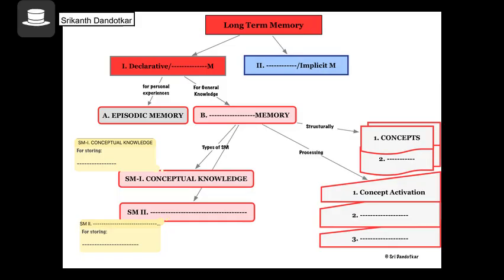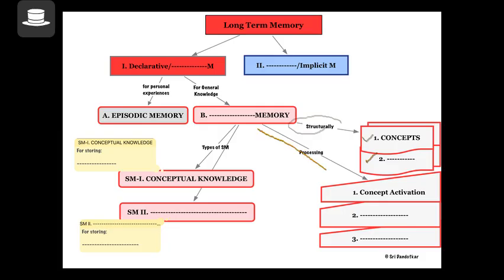Okay, to sum up then, we talked about semantic memory, and we said there are two types of semantic memory: conceptual and situational. In terms of structure itself, semantic memory is a network of concepts or propositions.